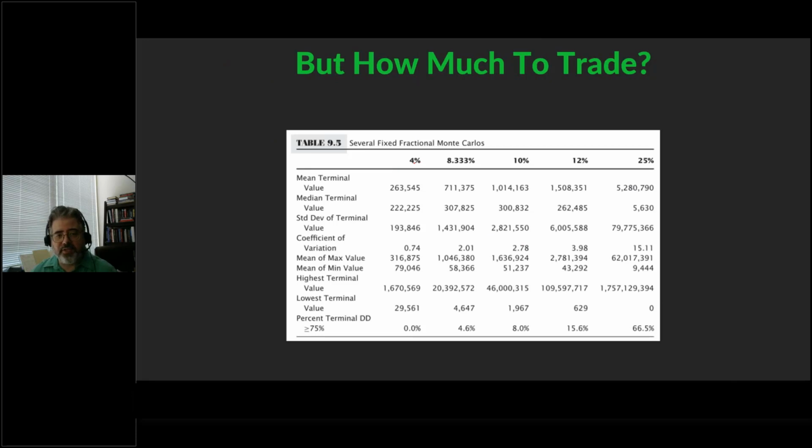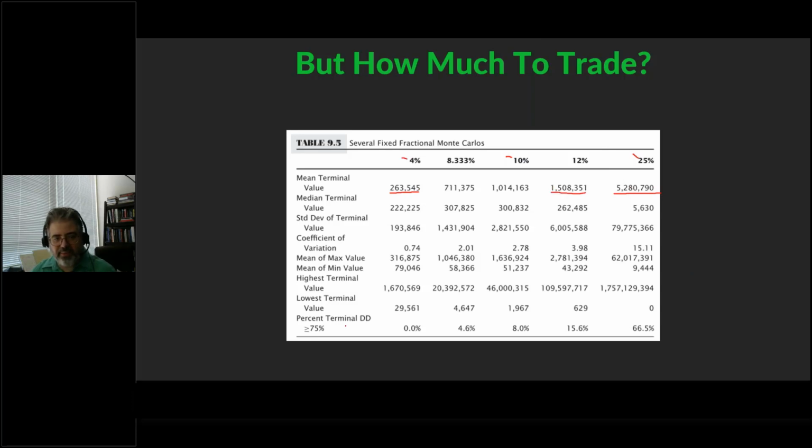By the way, also notice, so here are different fixed fractionals. And notice this thing as we risk more. So as we risk 4% per trade, I can't even say 10% per trade without cringing. 25% per trade is insane because, I mean, you see what happens. So this same system, look how your terminal values blow up. Your average terminal value is several million here in these huge risks.